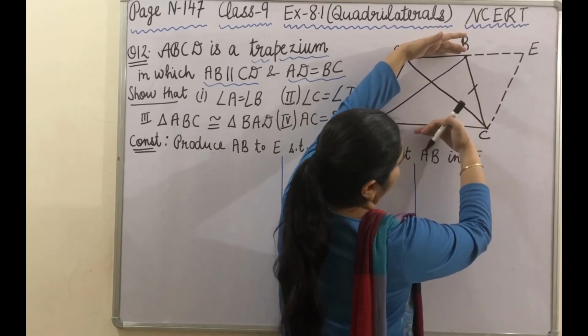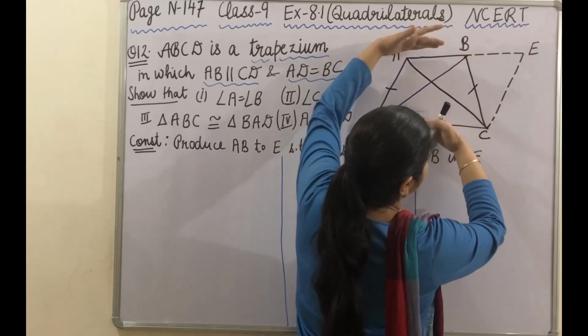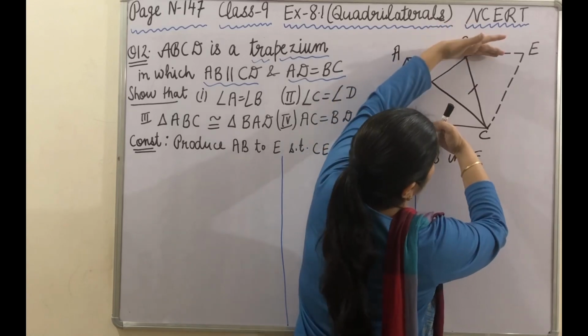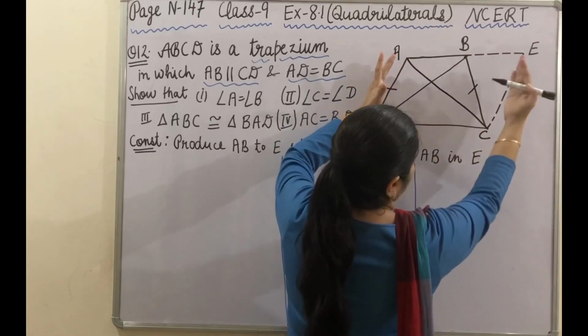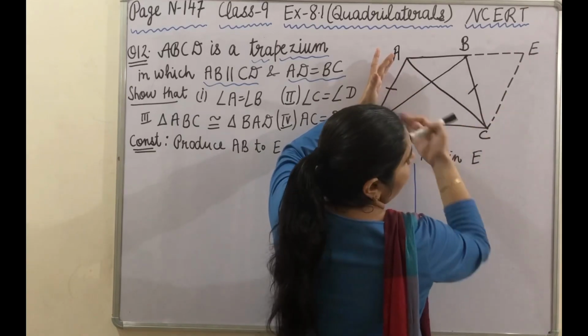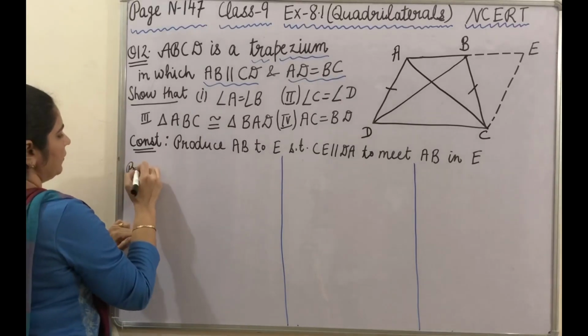AB is already given parallel to DC. So when I produce the line, this AE will also be parallel to DC. This is parallel to this line, this is parallel to this line. When both pairs of opposite sides are parallel, we can say it's a parallelogram. Now we'll start the proof part.